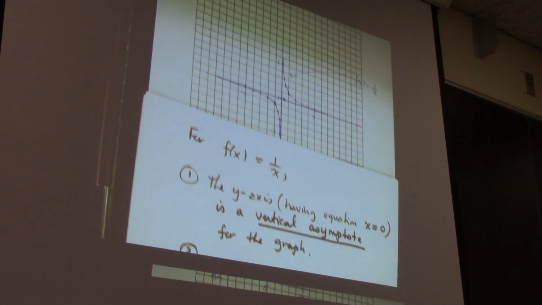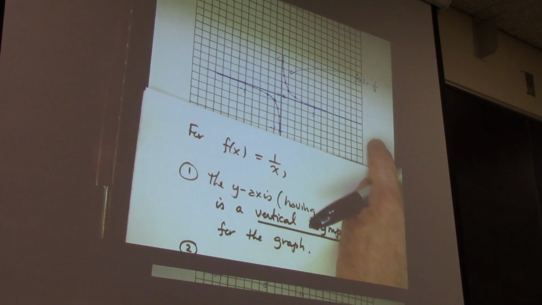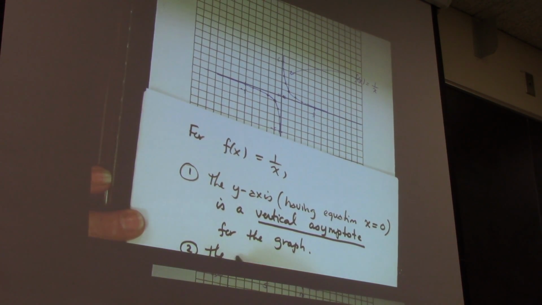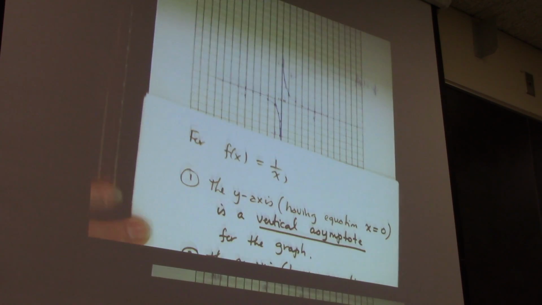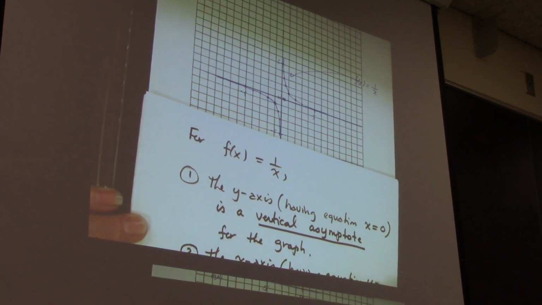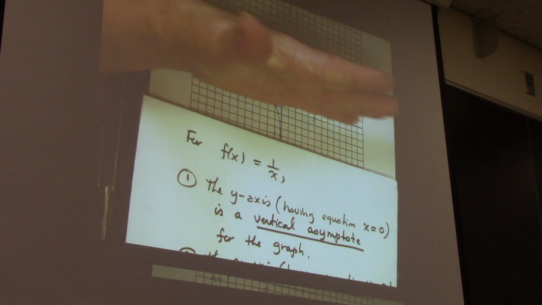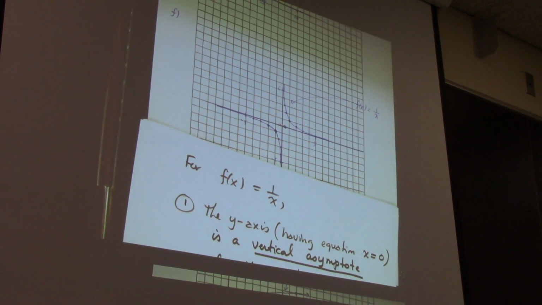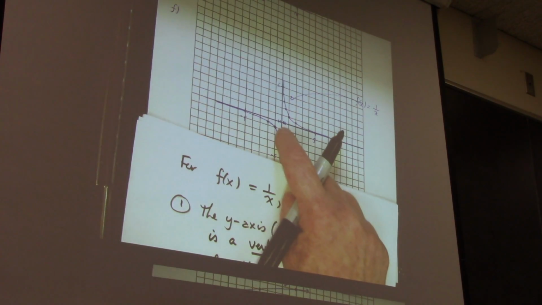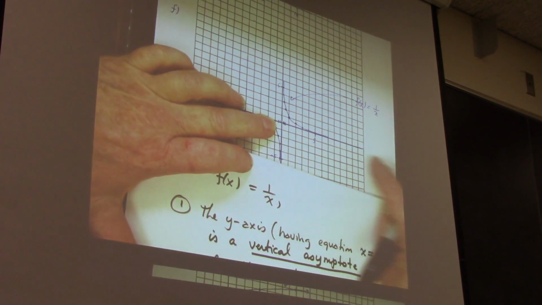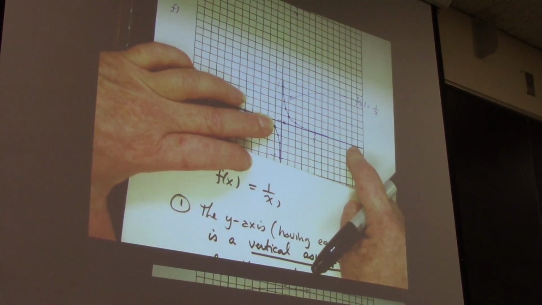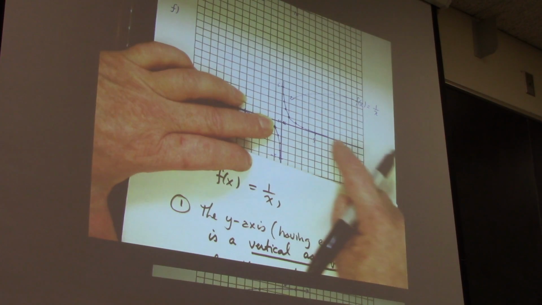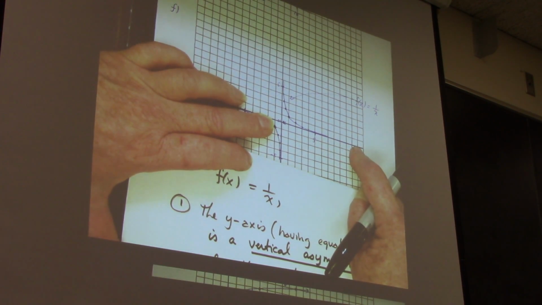And similarly, for this graph, the x-axis: what is the equation of the x-axis? y equals 0. The x-axis is a horizontal asymptote for the graph, which means that the larger the x's are, the smaller the y's are, so the graph gets closer and closer to the x-axis.